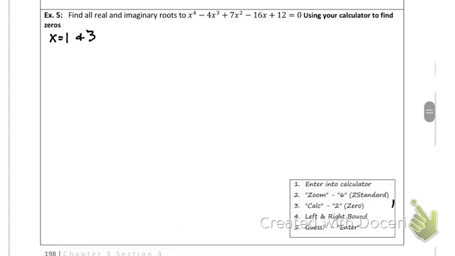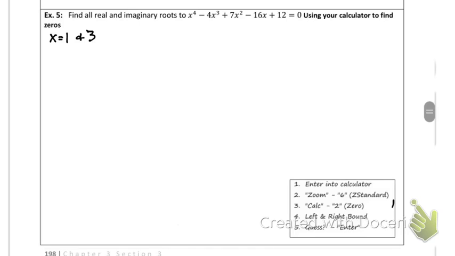How many zeros am I supposed to find? Oh, 4. And I don't know if these are multiplicity or not, so we're actually going to factor them out and see what we're left with. We're going to factor out a 1, and factor out a 3. The only way we could do that is either synthetic division, or long division using x minus 1 and x minus 3. I'm going to use synthetic division.